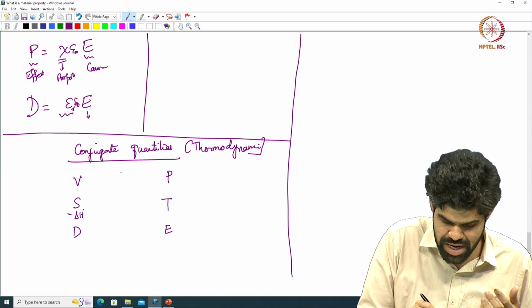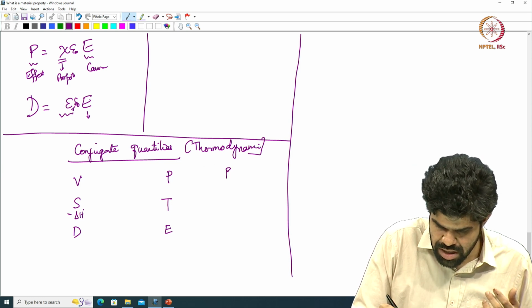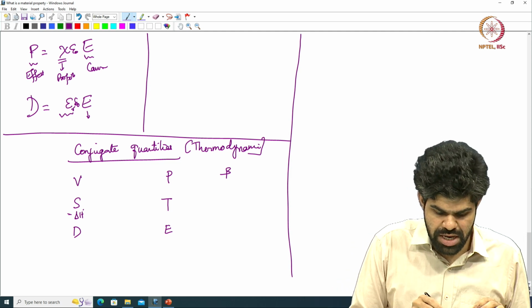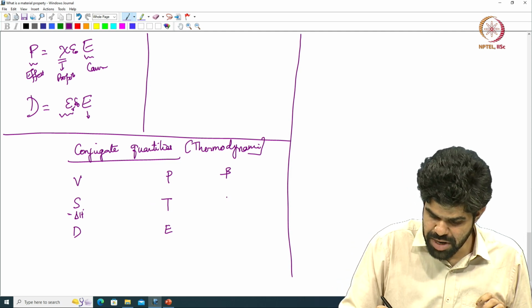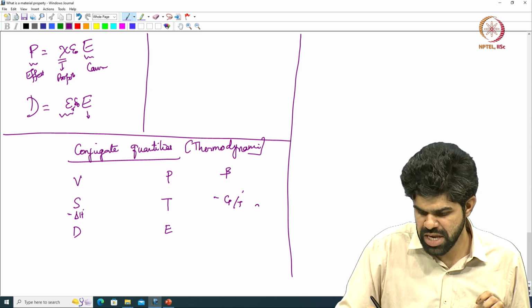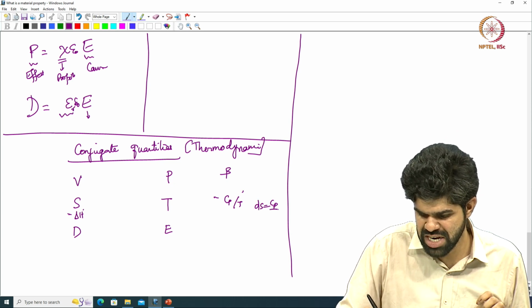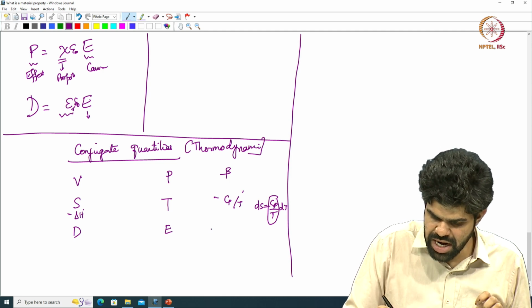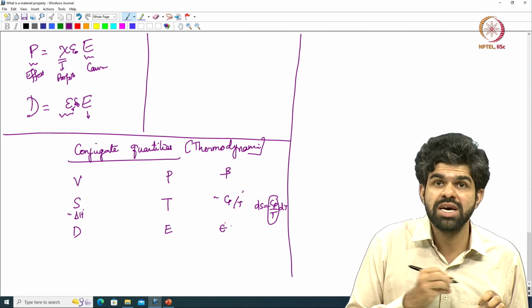V and P are related by beta, the isothermal compressibility. T and S are related by Cp by T in some sense, right. So, dS is Cp by T dT, right. So, this is my property.